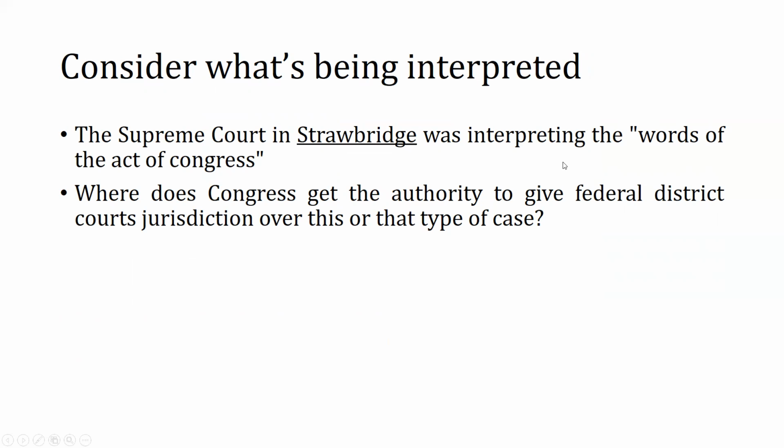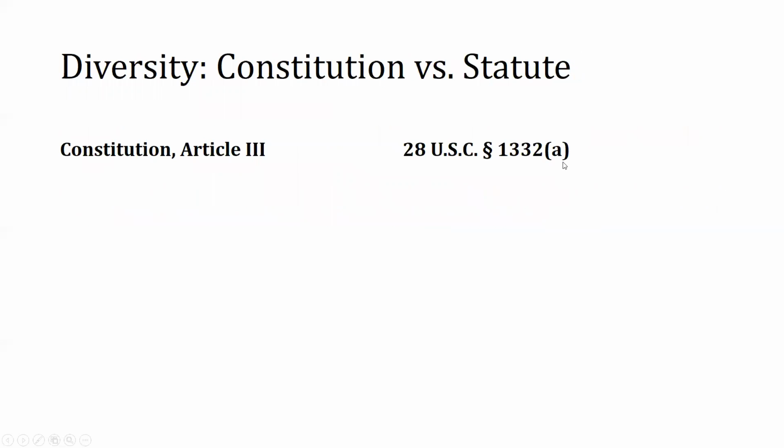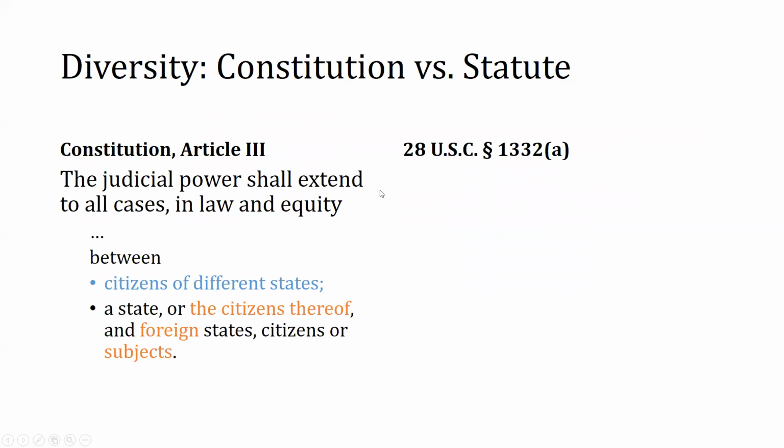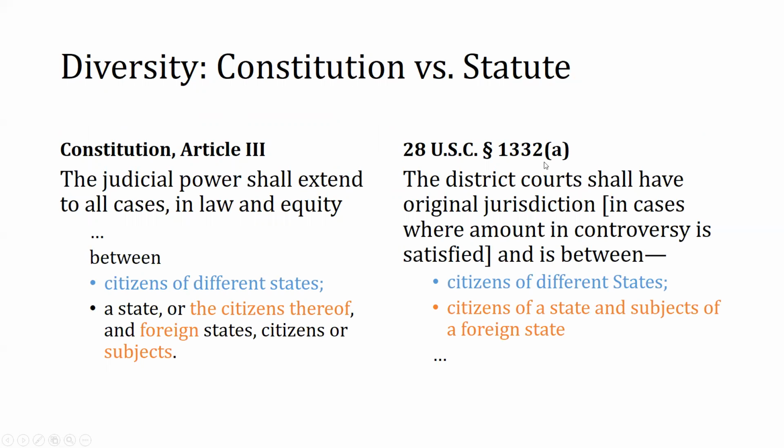Remember this from the beginning of the lecture, it was the Constitution, Article 3, which says that the judicial power shall extend to all cases in law and equity between citizens of different states. And 1332(a), which exercises this power, in that statute, Congress said that the district court shall have original jurisdiction in cases that are between citizens of different states.